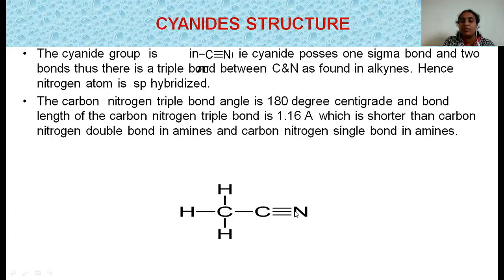It is shorter than the carbon-nitrogen double bond in imines, and also the carbon-nitrogen single bond in amines, because the triple bond length is always less than the double bond length, which is less than the single bond length. So in cyanide the hybridization is sp, the bond angle is 180 degrees, and the bond length is very short between the carbon and nitrogen.